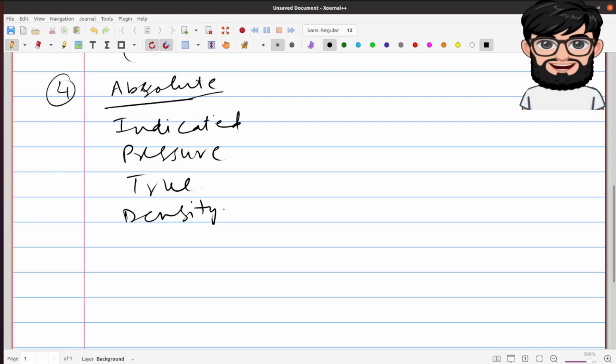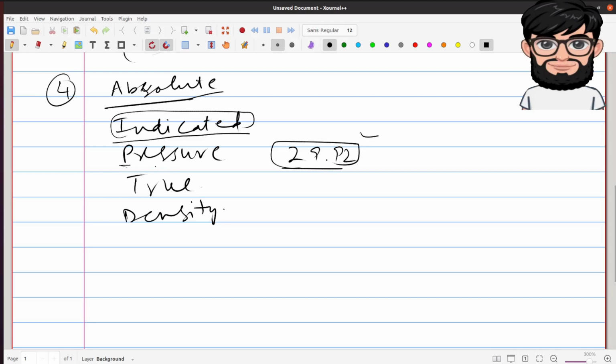Pressure altitude is the altitude when the altimeter setting, the indicated altitude, is adjusted to 29.92. When we adjust to that, the adjusted one is called the pressure altitude.